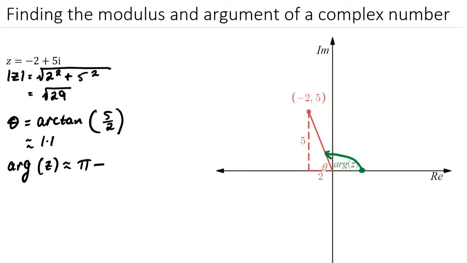So that's 1.19. Pi minus 1.19 is approximately 1.95. So that angle from the positive x direction, the argument of the complex number, is 1.95.